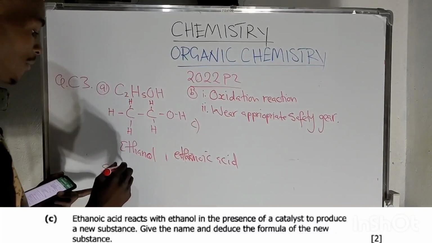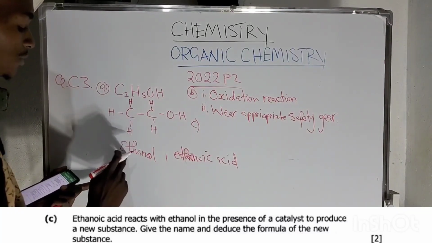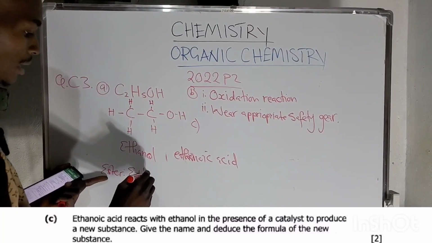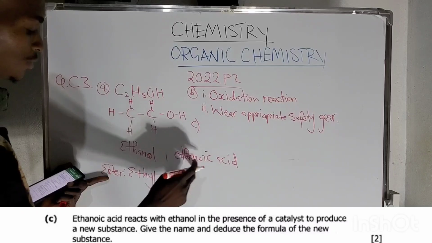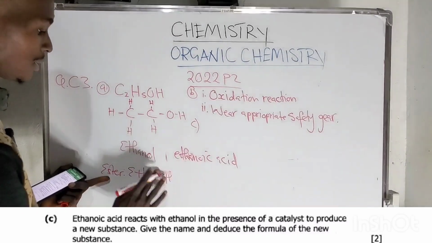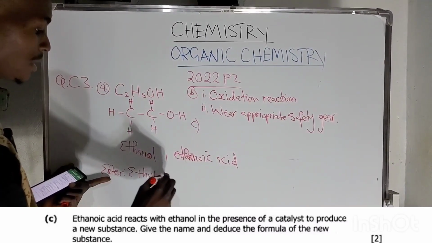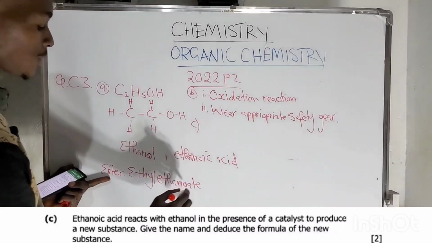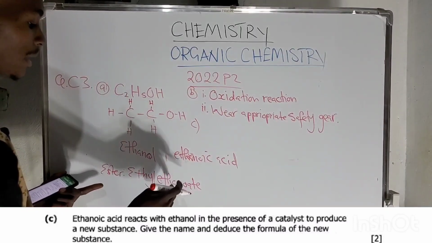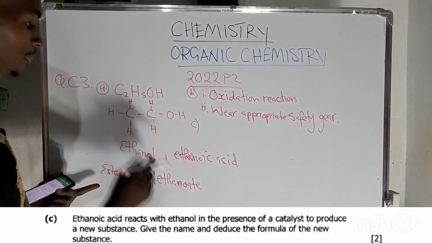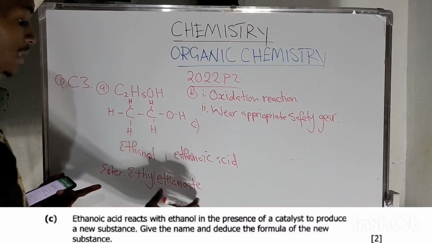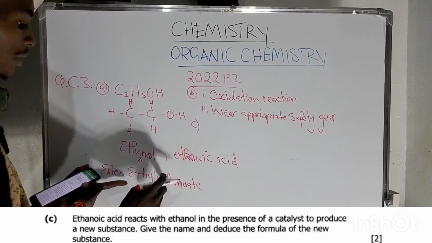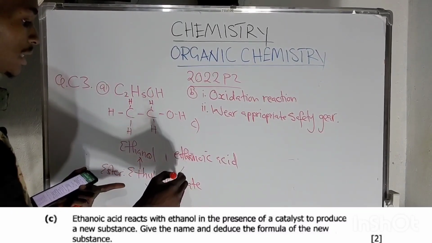So the name of the compound that will be formed starts with the name of the alcohol, so it will be ethyl, then ethanoate. Esters end with the "-oate", so it will be ethyl ethanoate. Why? Ethyl comes from the alcohol, and the last part from the carboxylic acid.